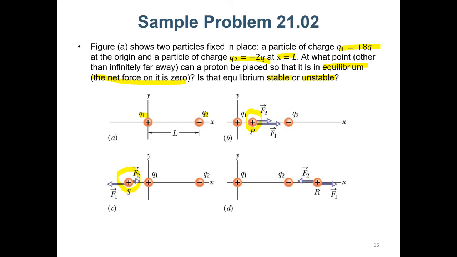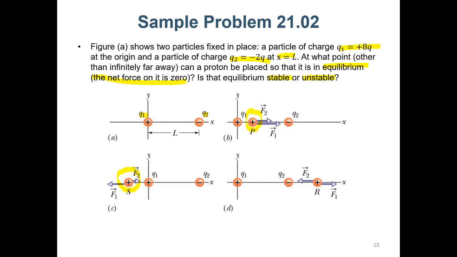It must be on this x-axis so that the net force is 0. Because if one charge is here, one charge is there, and then you place it there, then the force is somehow like this and this, they can never add to be 0. So it must be on the x-axis, right?